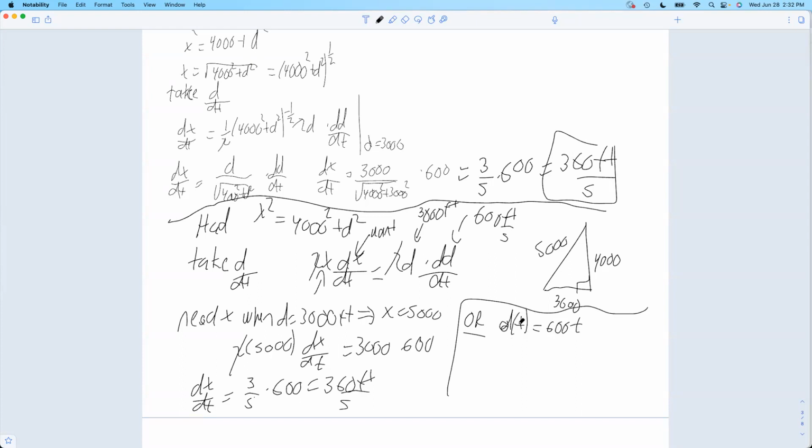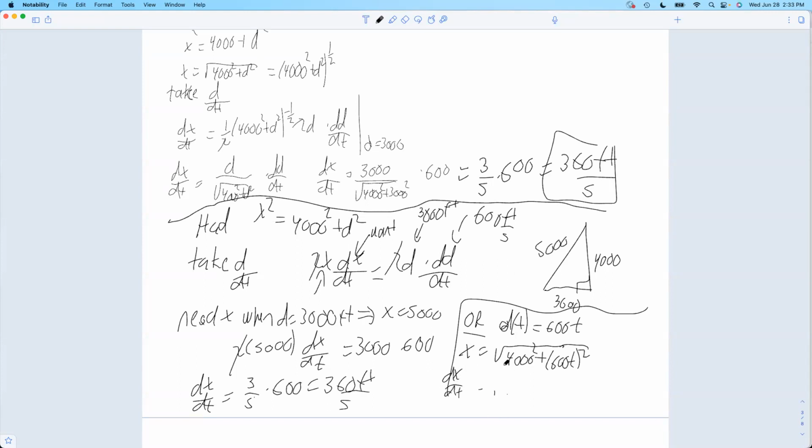So back up here, that would mean x is the square root of 4,000 squared plus 600t squared. And now there's no implicit differentiation, at least on the right side. This is a function of time. So just dx dt, it's just take the derivative.